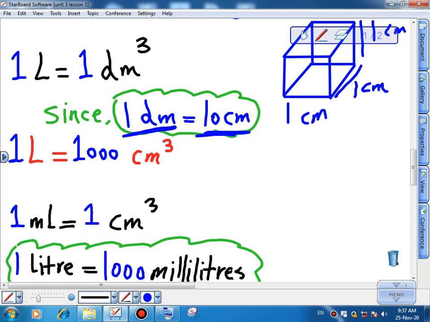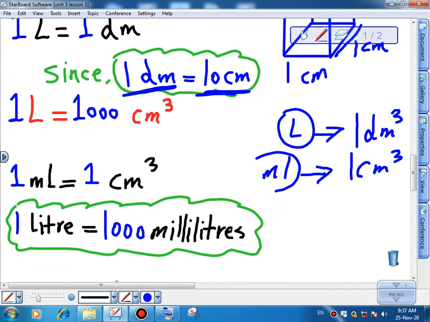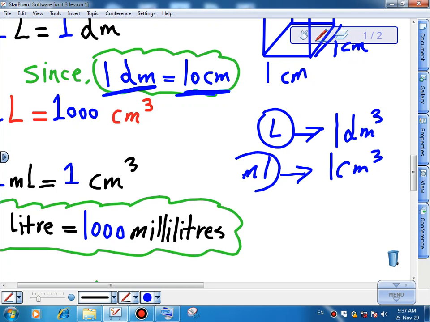In the first one, we used the greatest unit, liter, which equals 1 decimeter cube. But in this small cube, we will use milliliter, which equals 1 centimeter cube. So every 1 milliliter holds 1 cubic centimeter.